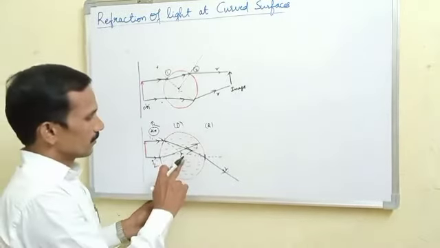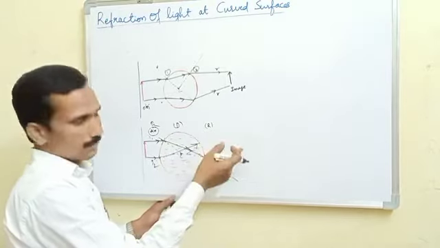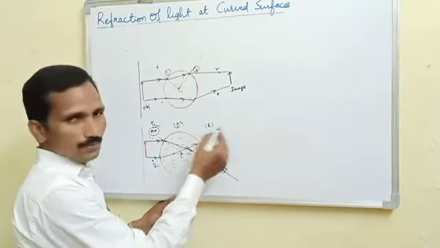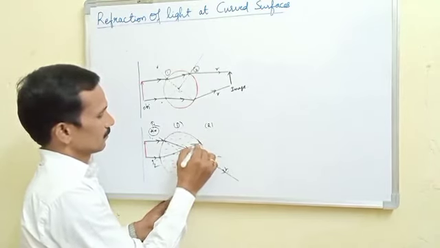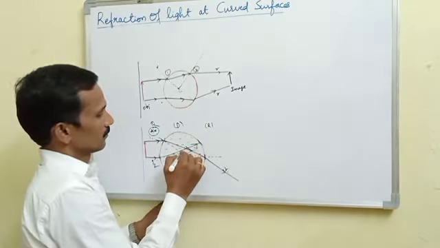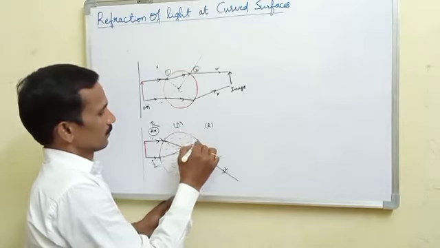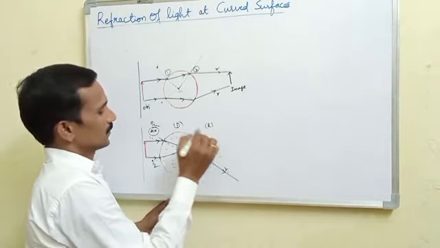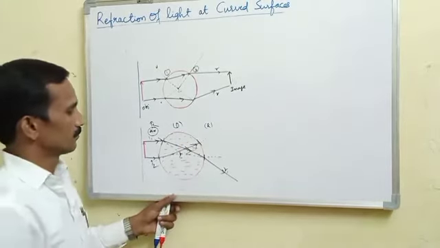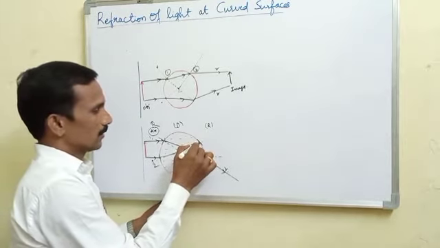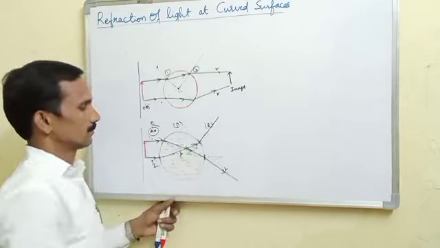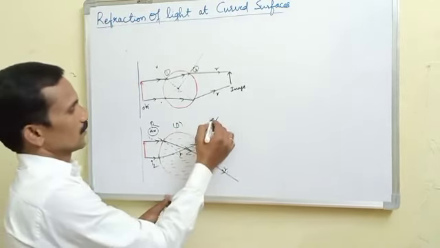So this is now a denser medium. It is propagating from denser to again rarer. So here this is normal. It moves from denser to rarer and away from the normal like this. So this is the R2.